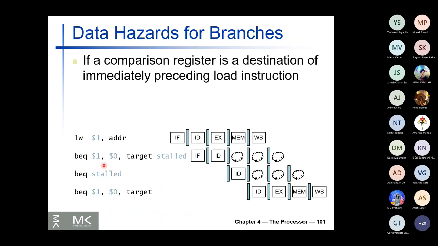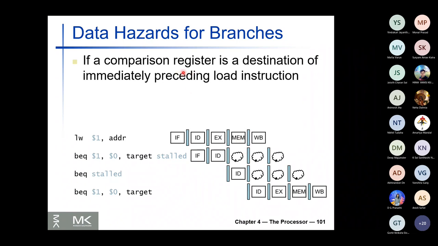And since the branch comparison is being done in the second stage, in the ID stage, that ID must be on the right hand side of this memory stage, right? So therefore, suppose this branch just follows the load instruction, you need 2 stalls so that the ID stage for the branch appears after this memory stage.